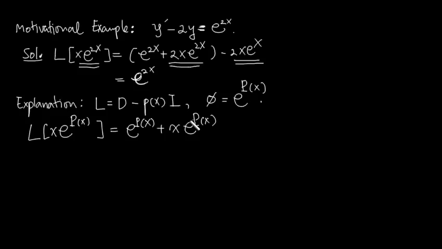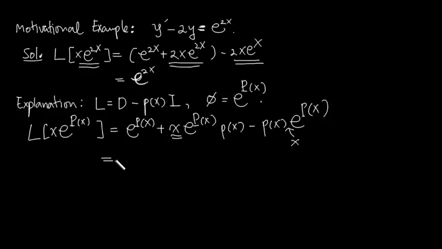Differentiate x times e to the P(x). I forgot to differentiate this part, so I'm going to multiply by little p(x) there, minus p(x) times x times e to the P(x). Here, this x and x, I forgot to keep that x in there.